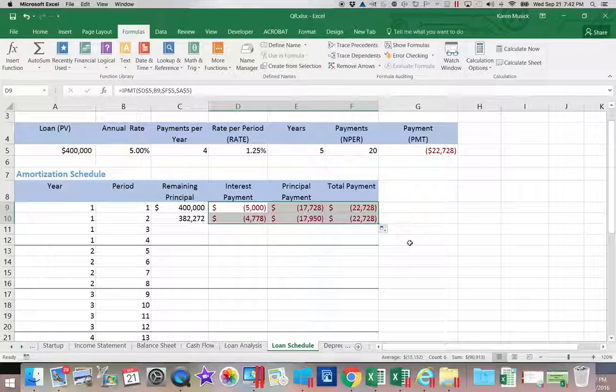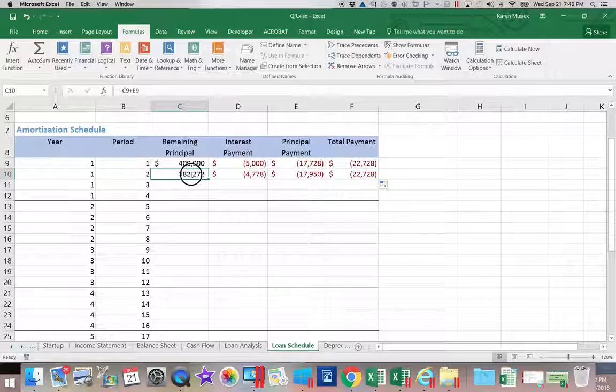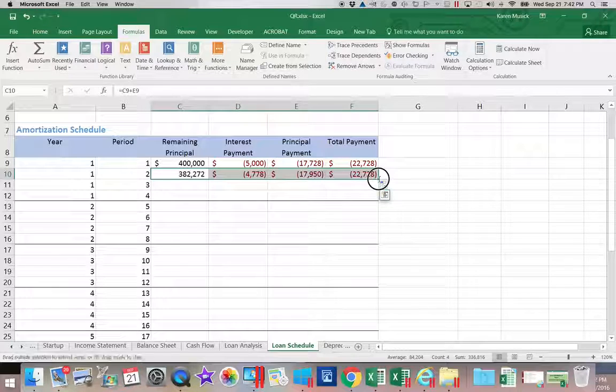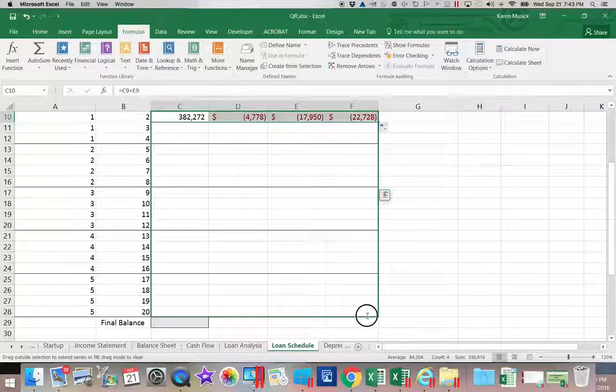I expected to see the interest go down, the principal go up, and the total payment stay the same. So let's fill in the rest of our chart. If I highlight the remaining balance formula all the way across to the total payment, I can drag that down using autofill to all 20 payments.